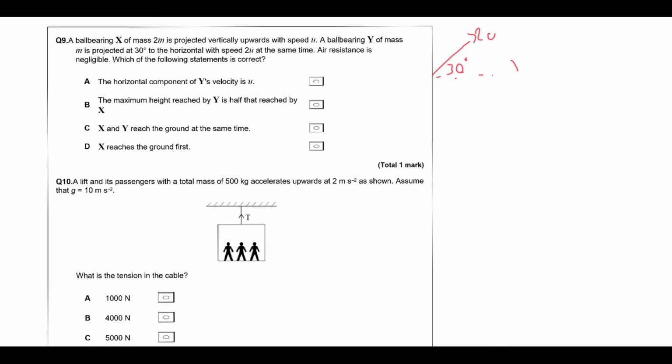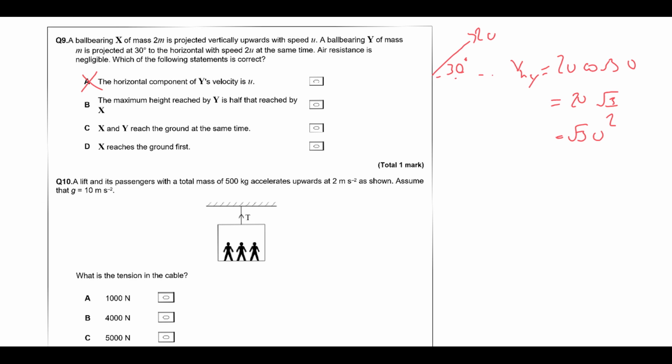The horizontal velocity of Y is given by 2u cosine 30, which is 2u root 3 over 2, so it's just root 3 u. So that's not correct.